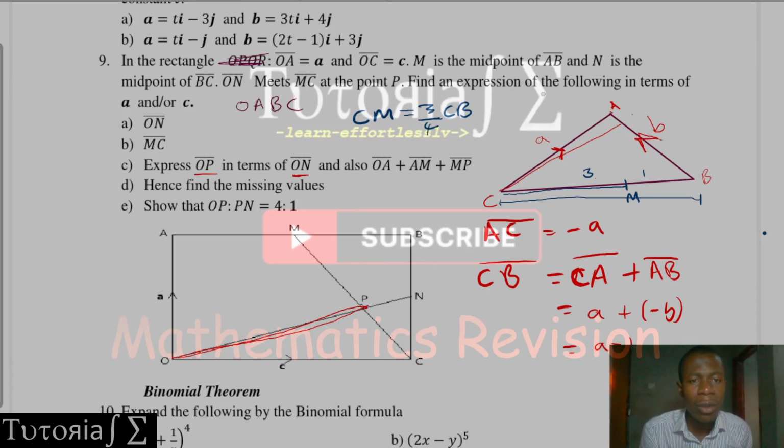Same applies if you're looking for MB, meaning that the ratio there is 1 of the total length, which is 4, then of CB. So that is the ratios that we're doing here. So even here, OP, which is just this length, will be ratioed like that. And they just want you to write an expression. They don't want you to write the answer.